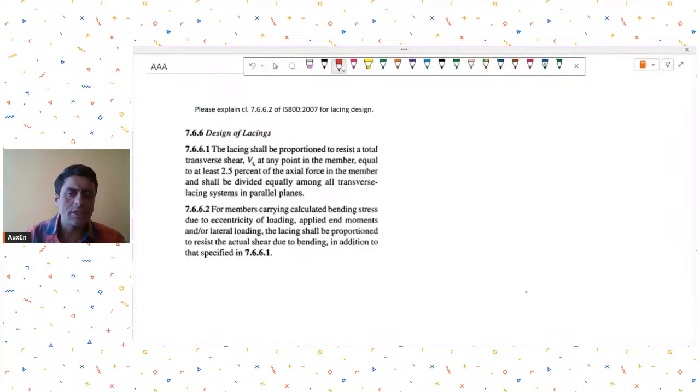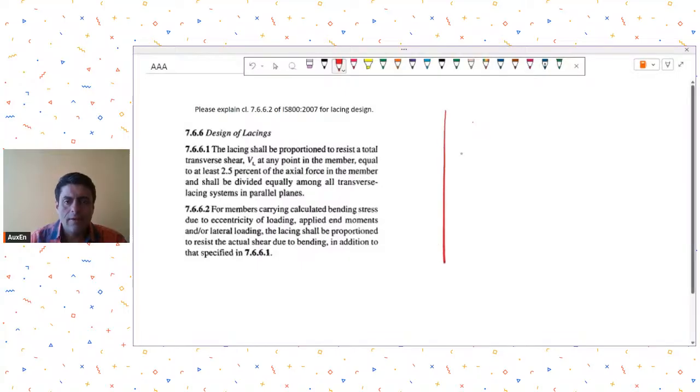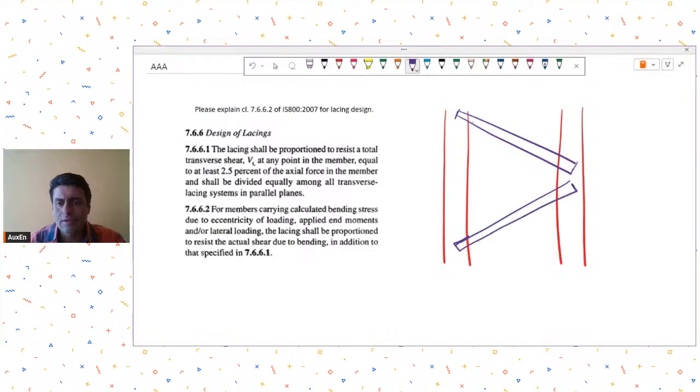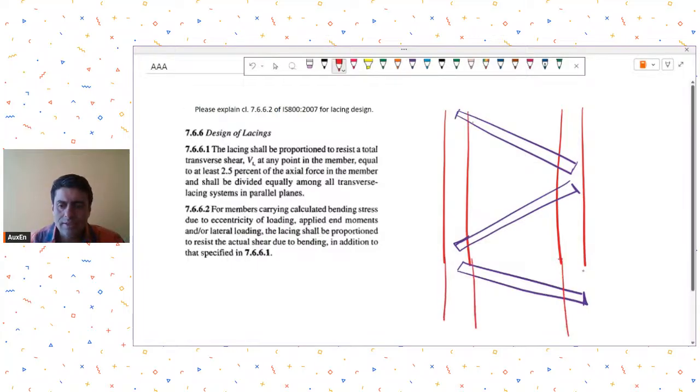In a built-up steel column, for example, if I were to draw over here, this is my steel column, and these are my lacings, maybe flats or angles as my lacing elements.